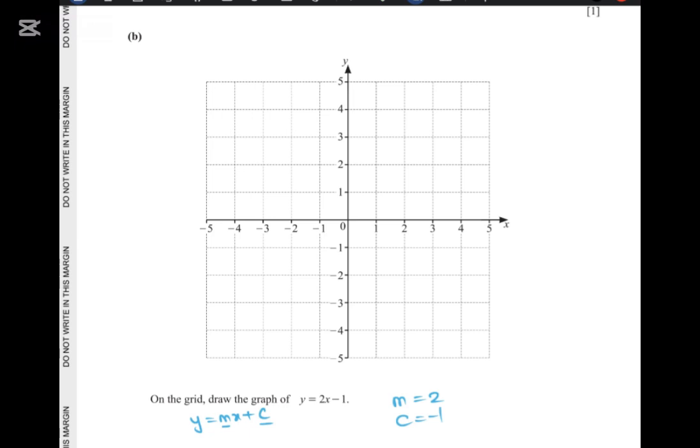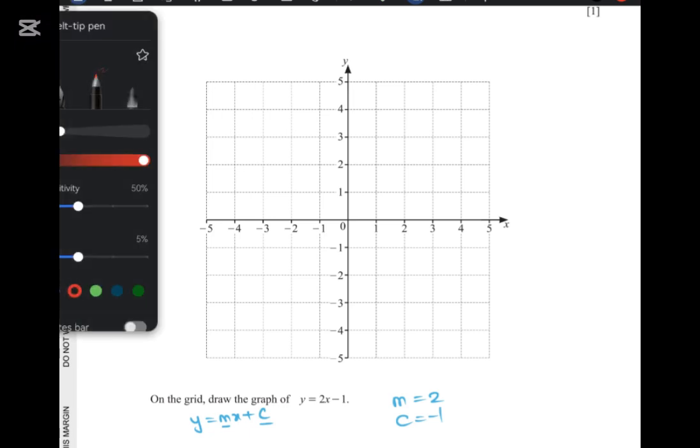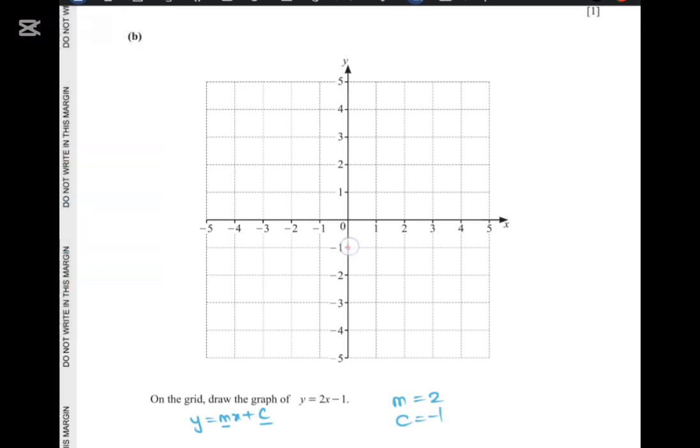So let us start putting the point at -1 on the y-axis. Then the gradient is 2, that means 2 by 1, which is change in y is 2 and change in x is 1. So go up 2 boxes, 1, 2, and 1 box right. That will be the next point.